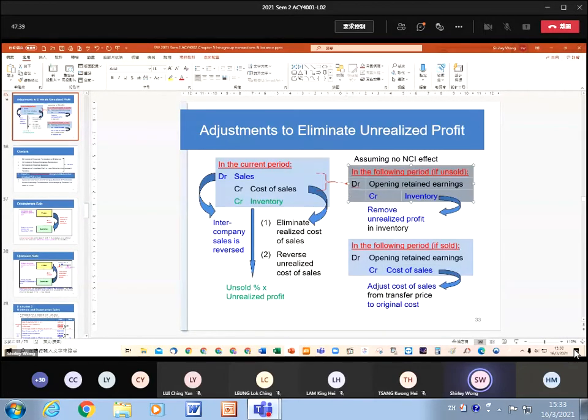And then it depends on which entry you are going to do for that. And remember, this is an upstream sale. So you cannot just debit opening retained earnings. You should also debit non-controlling interest. If it is unsold, you need to credit inventory, the same amount. If it has been sold, you need to debit opening retained earnings, debit NCI, and then credit cost of goods sold. Okay, so think about the current year, which entry you are going to do.